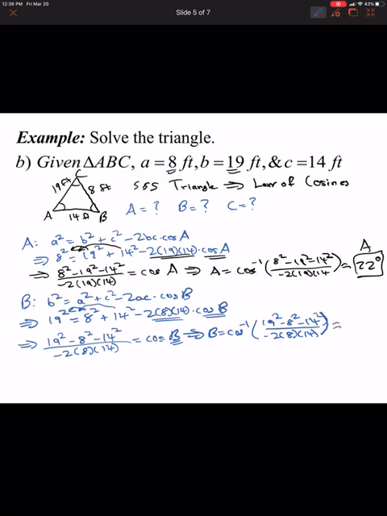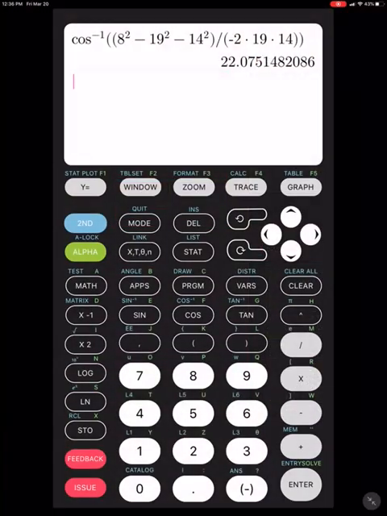So let's put that in our TI and see what we come up with for our angle measurement. Again, second cosine, and again, parentheses. Let's put in the numerator, 19 squared minus 8 squared minus 14 squared. Close it. Divided by the denominator.